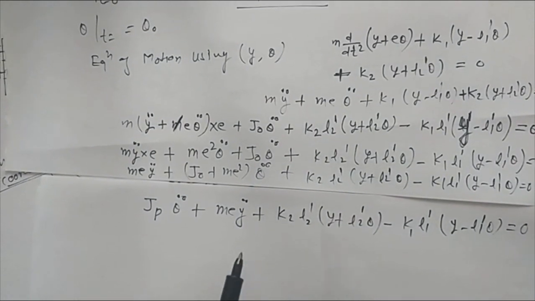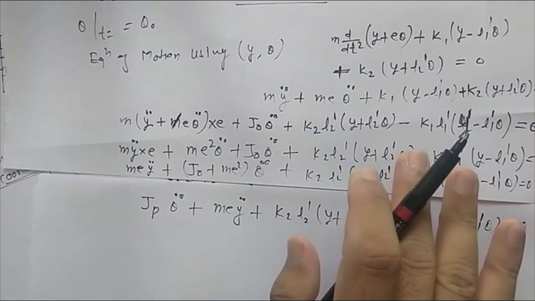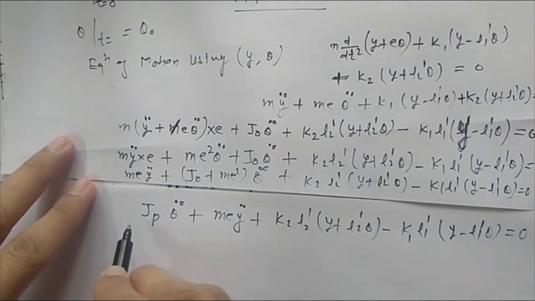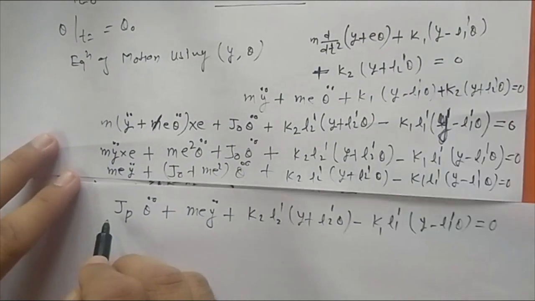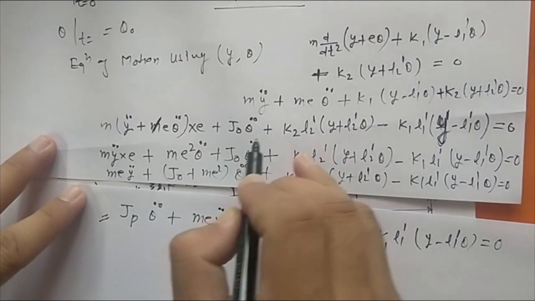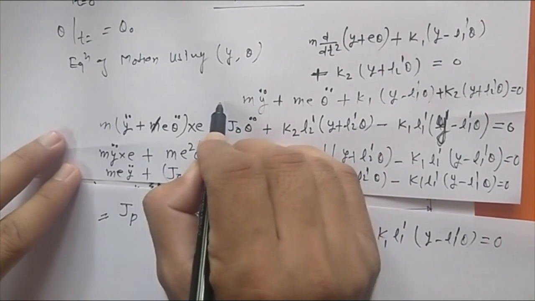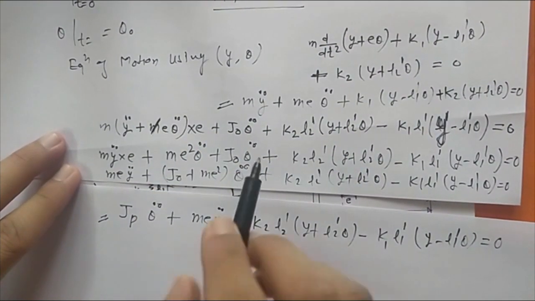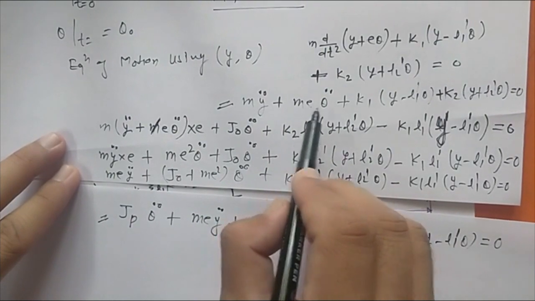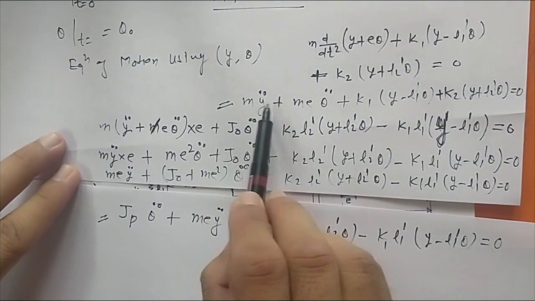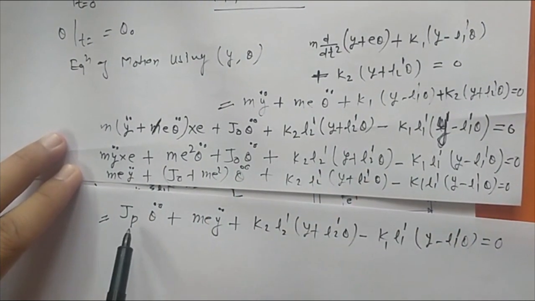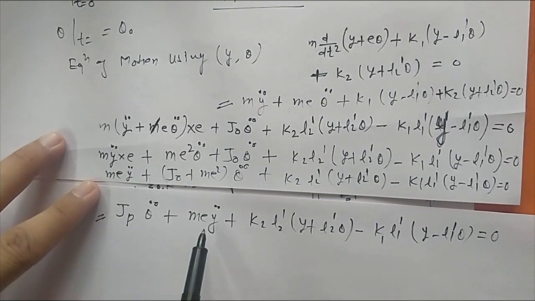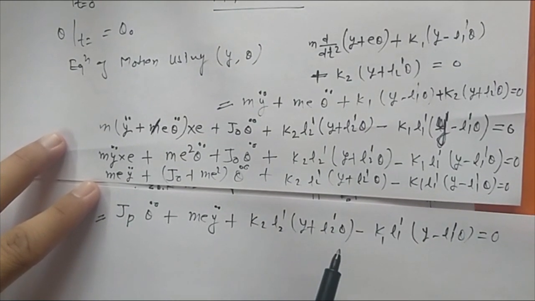So both of the equations represented by these two, this is our equation for rotational degree of freedom and this is the equation for translatory degree of freedom. Both of the equations contain y and theta. This equation contains y and theta, this equation also contains y and theta. So they are coupled equations.